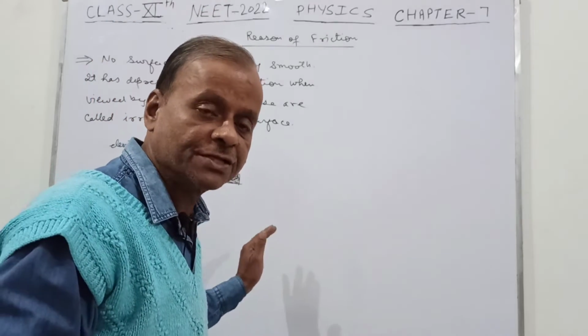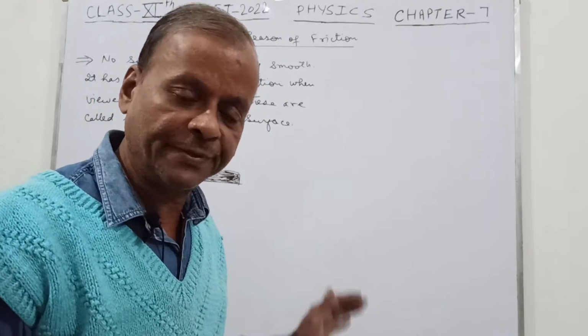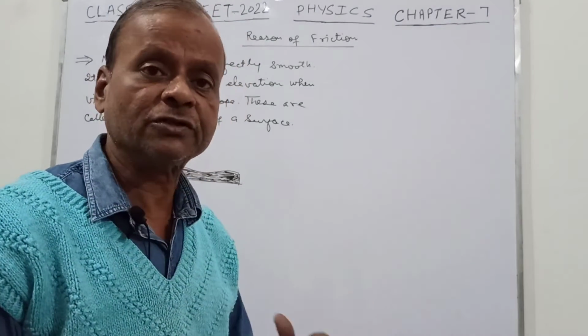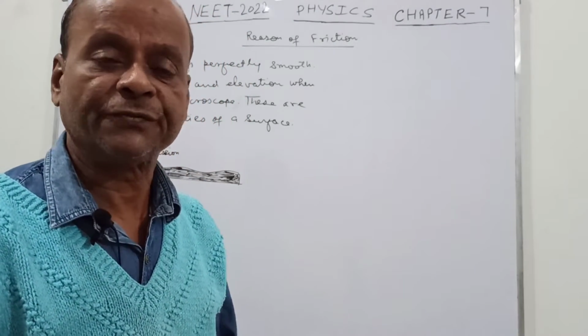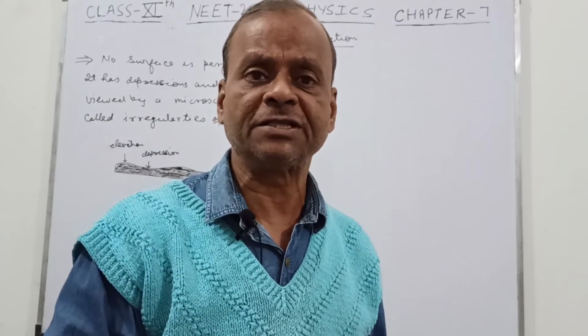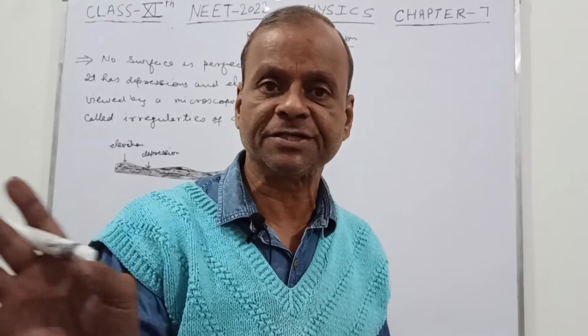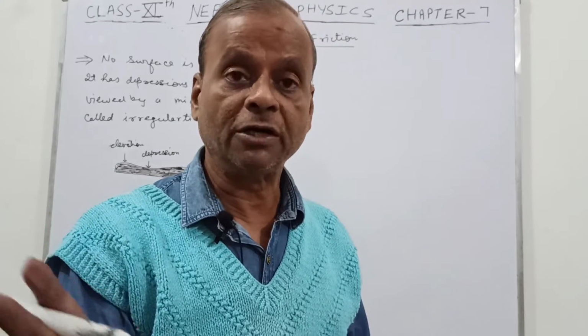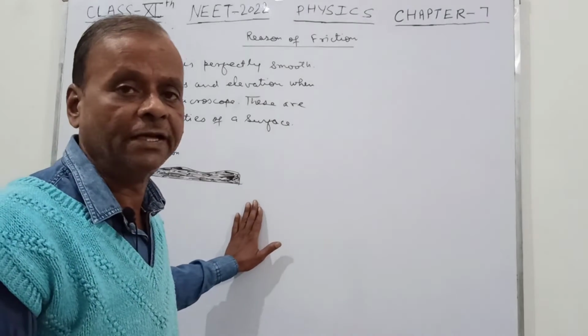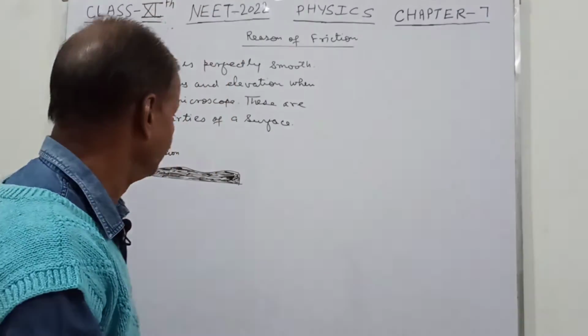Because of that, the surface is not smooth. When it is said to be smooth, it means there is no elevation and no depression at all. So in every surface there are elevations and depressions.